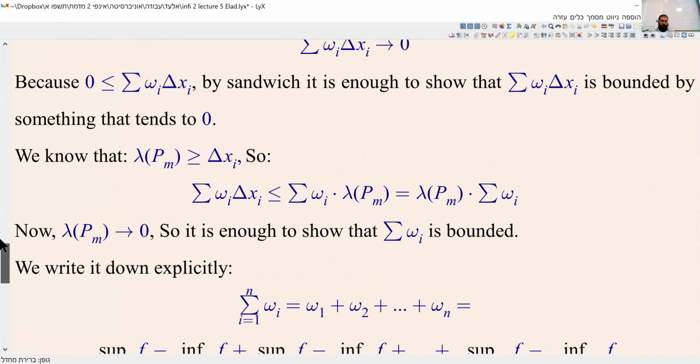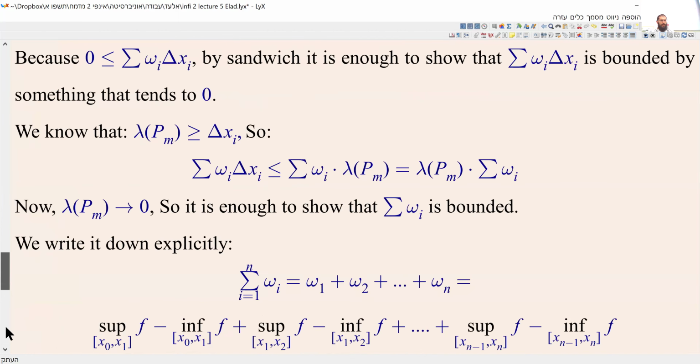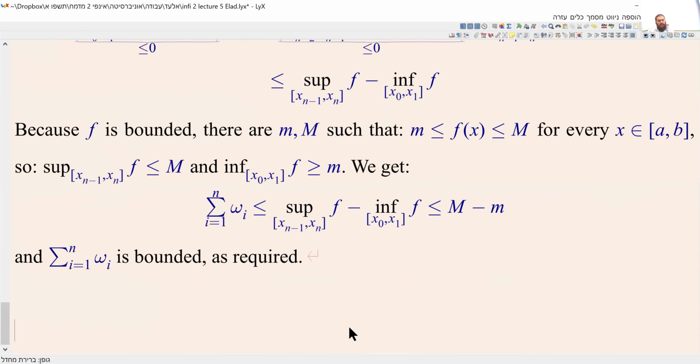So that was A. B has the same vibe. We want to prove it using a sandwich and bounding something, but when you go to the details, it uses some different methods.